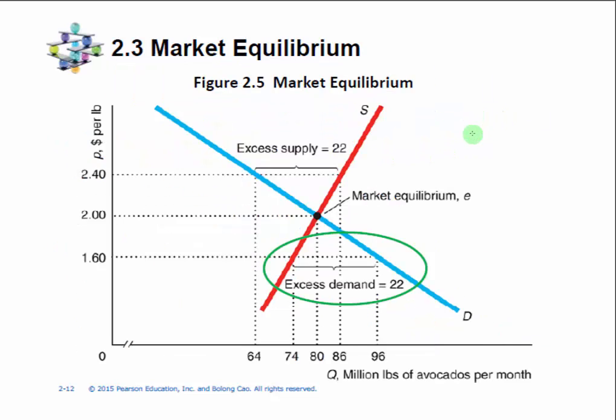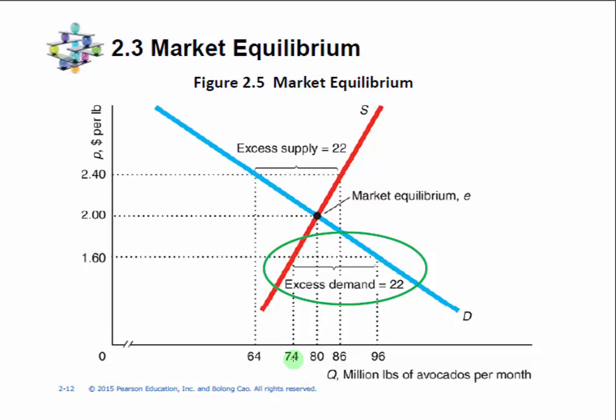If the market is out of equilibrium, if the price falls below the equilibrium price, what we will find is that there are some people in the market who want to change their behavior. At $1.60, the quantity demanded is 96 million pounds. There are some people who want to buy more than what is supplied in the market. What is supplied in the market?